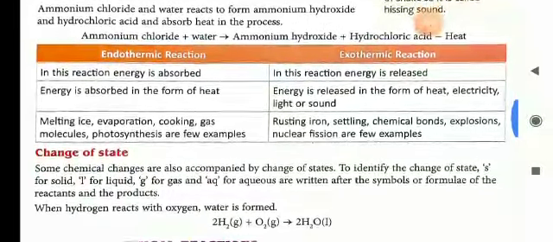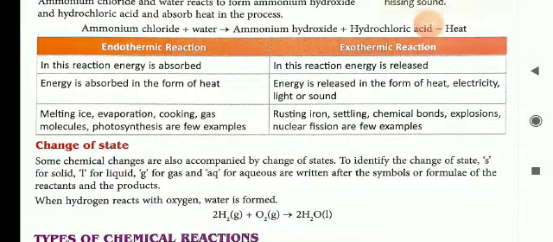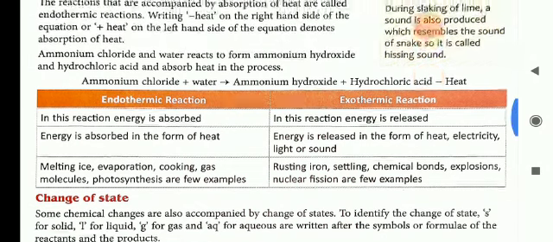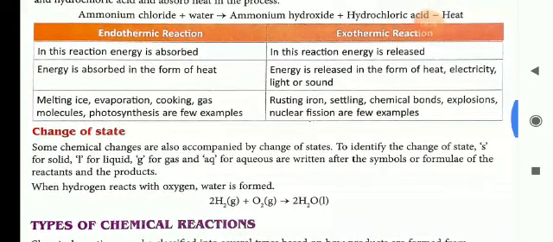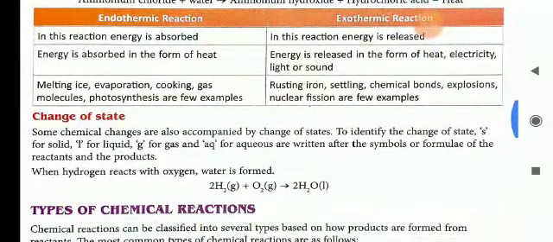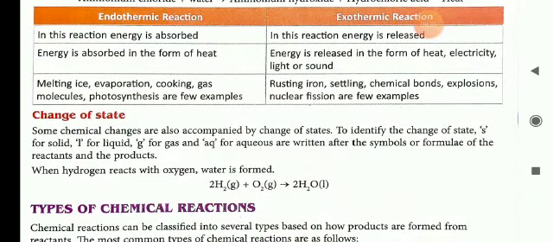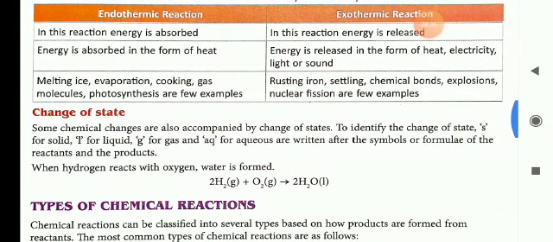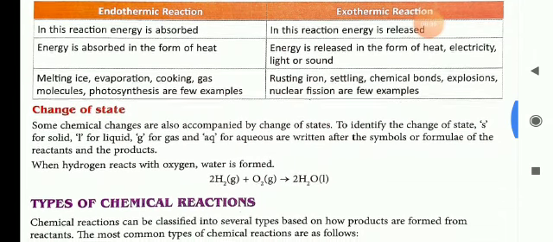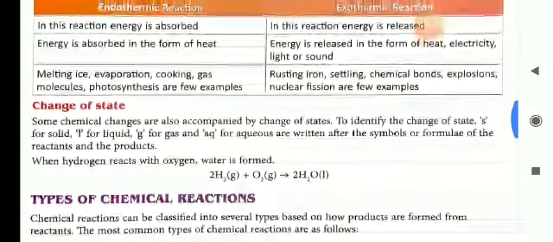So the difference between endothermic and exothermic. First, in endothermic the energy is absorbed and in exothermic energy is released. Second point, in endothermic energy is absorbed in the form of heat, and in exothermic the energy is released in the form of heat, electricity, light or sound.